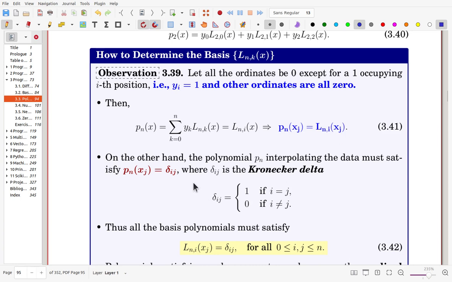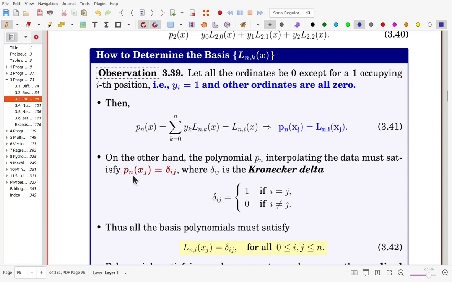And on the other hand, for this data, once we construct the polynomial Pn, to satisfy this condition, it should satisfy this one: Pn at xj must be delta ij. Delta ij is the Kronecker delta. If i and j are the same, then the value is 1, and if different, then it's 0.